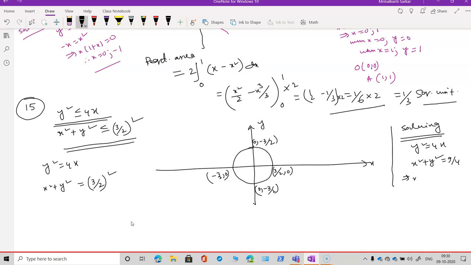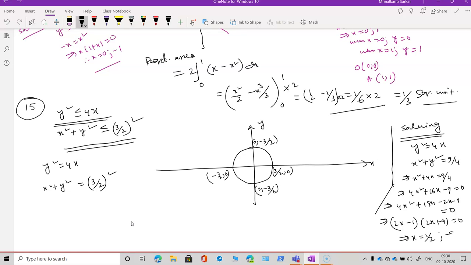If we put y square equal to 4x there, this implies 4x square, this is going to be 18x. So this implies 2x minus 1 into, so this implies x equal to half or minus 9 by 2. There is no question of considering x negative because it's parabola y square equal to 4x.